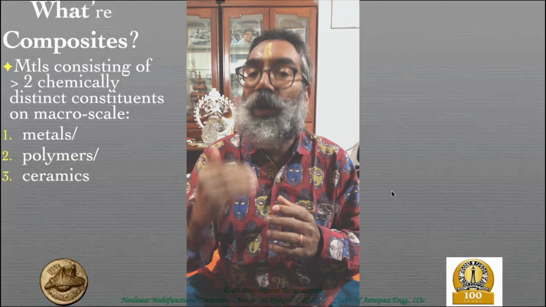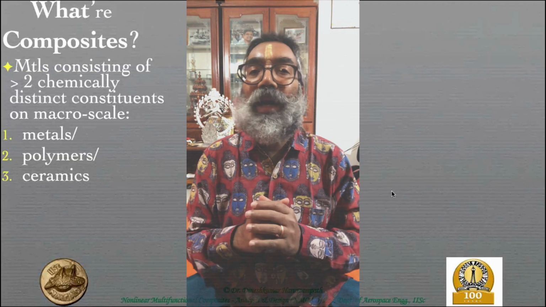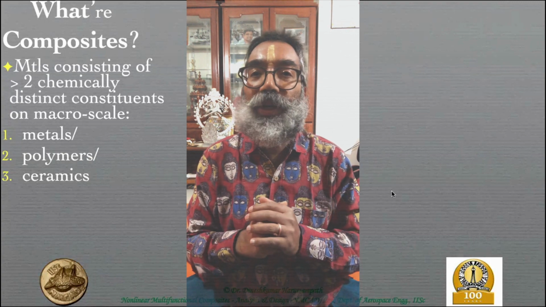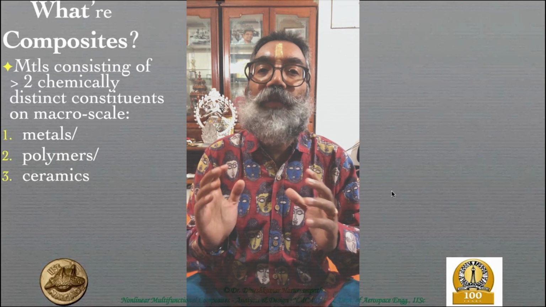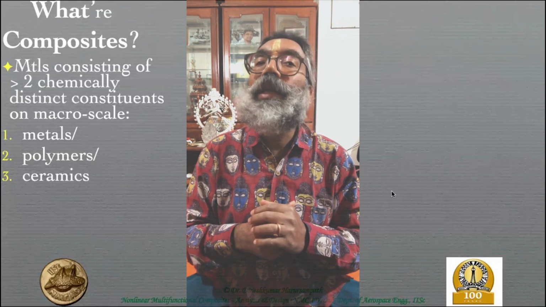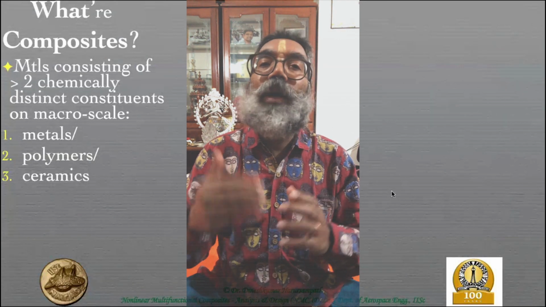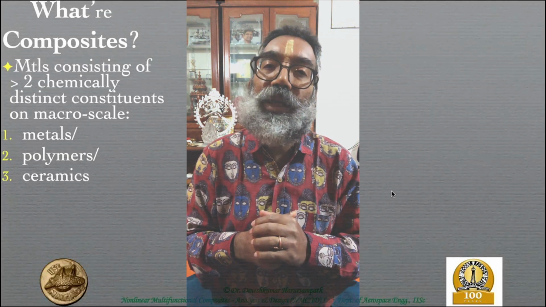One is metals, polymers, ceramics, which are very well understood for over a long period of time because they have certain behaviors. And then the fourth category being the composites, which is trying to combine these three materials.